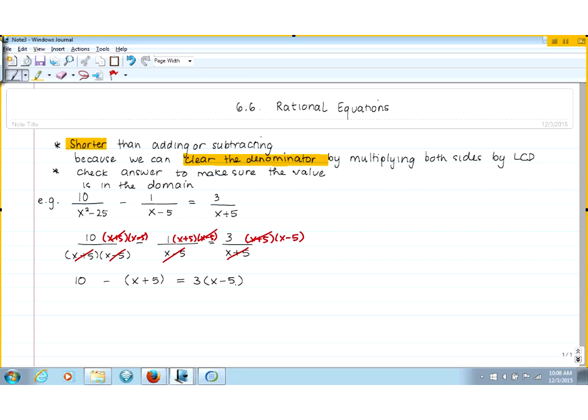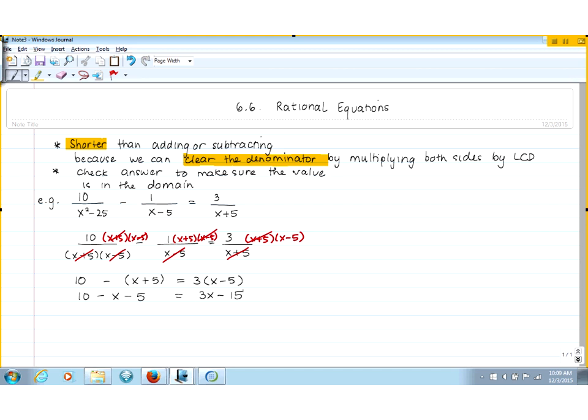So you see how this is shorter? That's why I said the 6.4 is the longest one. And minus x minus 5 is equal to 3x minus 15.